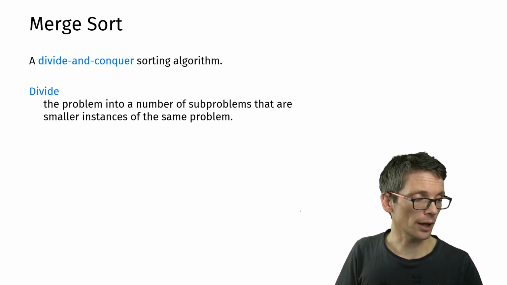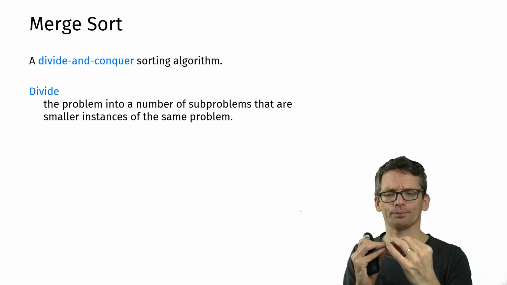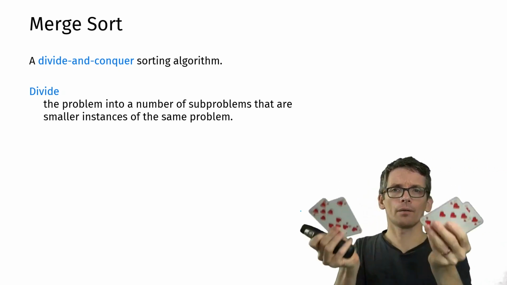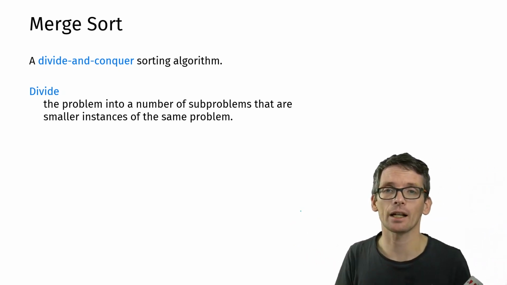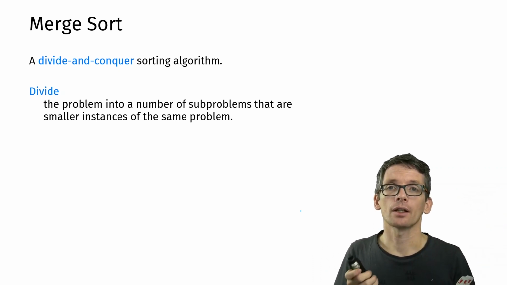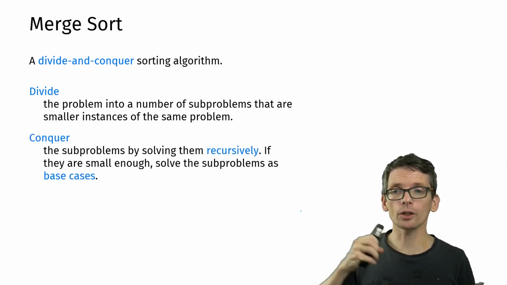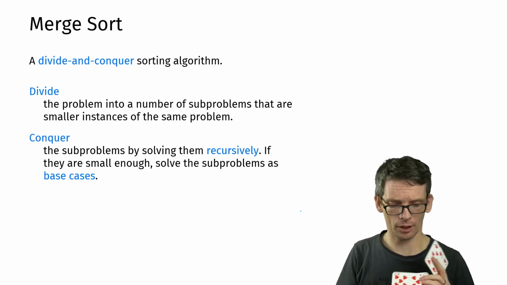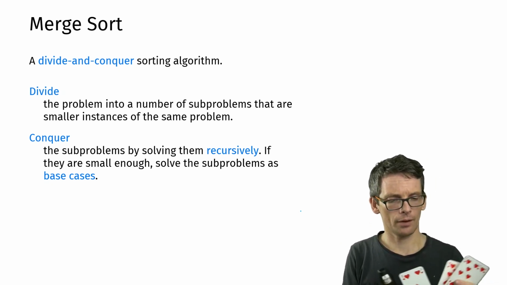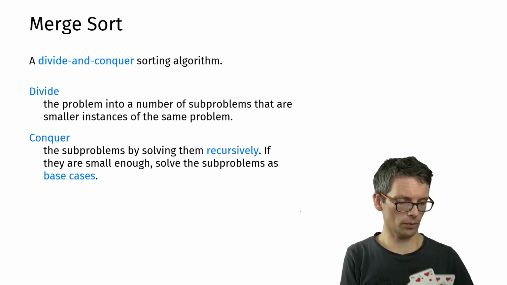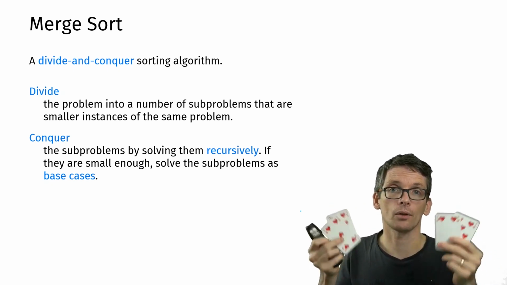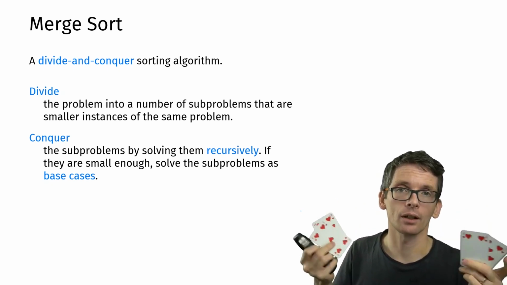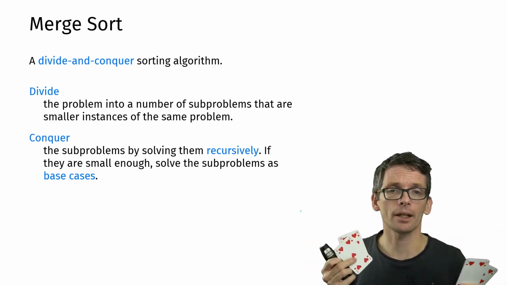So again, let's say I have some numbers. I can split them into two parts, both of size n/2 if I had n numbers. Now, conquer just means that I recursively solve these subproblems. So meaning that I can assume that my two subproblems are solved, recursively, which also means that I need to define a base case.